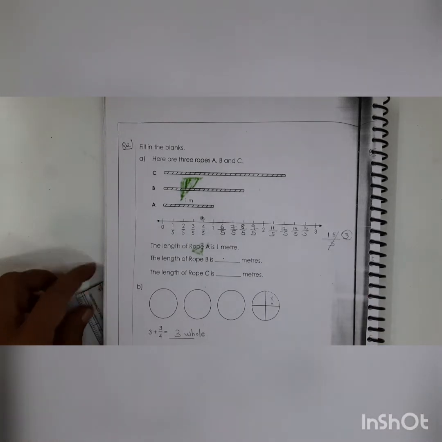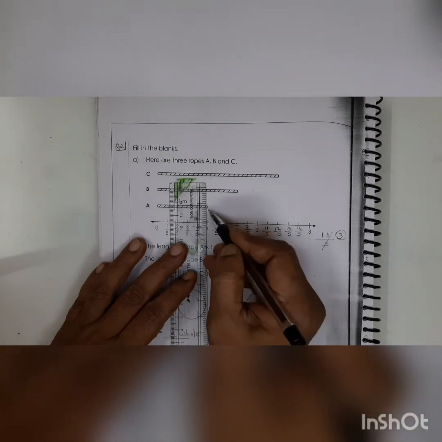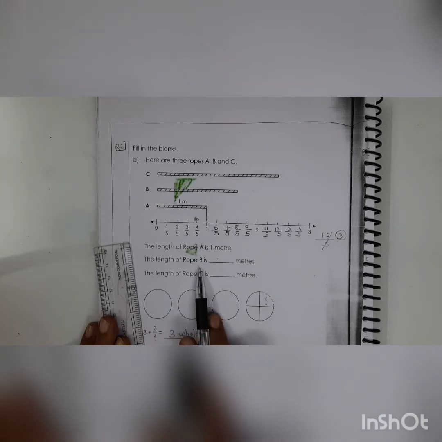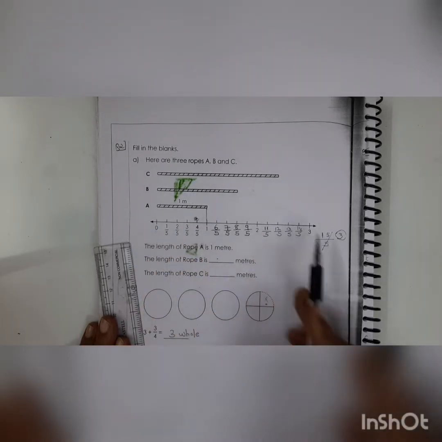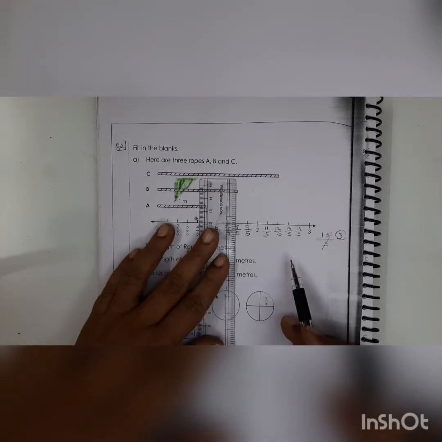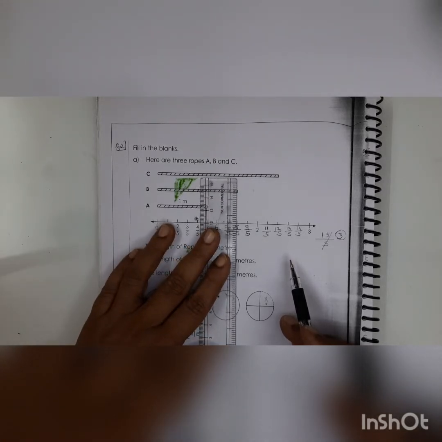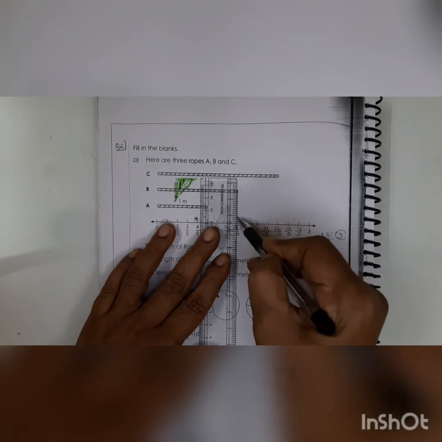Now children, what you need to do is you need to take a scale. Please take a small scale in your hand. Now let's measure the rope. This rope A, you just keep it here. Draw a line. So you get 1. Now we want the length of rope B. Where is B, children? B is here. So take it here and just draw a line here.